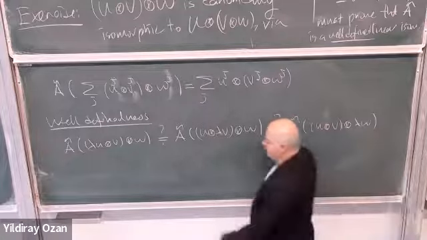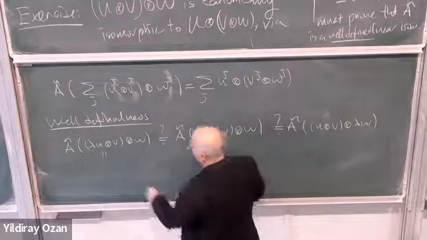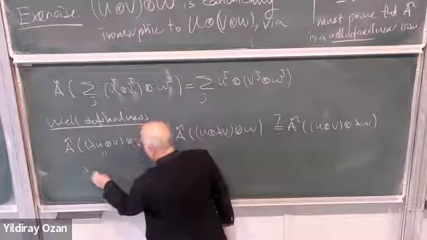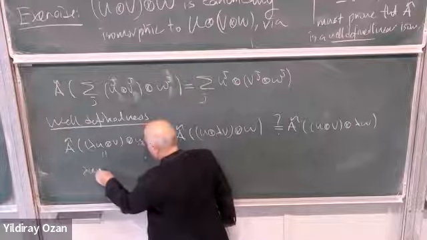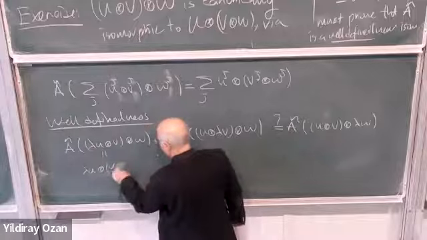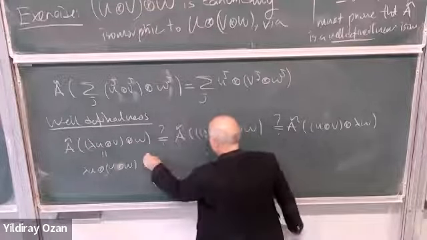Well, what is this? Now, by definition, this is just lambda u tensor v tensor w, right? What about this one?